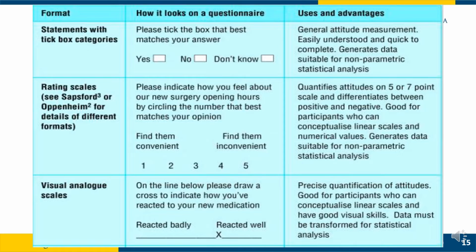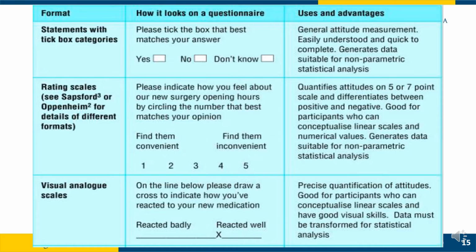Another format is the rating scale. It can be Likert, or a 5 scale, 6 scale, 10 scale. For example, please indicate how you feel about our new surgery opening hours by circling the number that best matches your opinion. One is find them convenient, and a higher number means more inconvenient, for example.